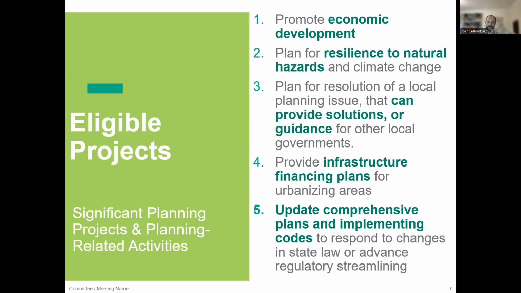So really what this is getting at is providing something that could be replicated in other parts of the state. The fourth priority is to provide infrastructure financing plans for urbanizing areas. And then the last priority is to update comprehensive plans and implementing codes to respond to changes in state law or advanced regulatory streamlining.